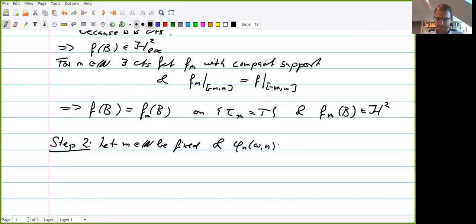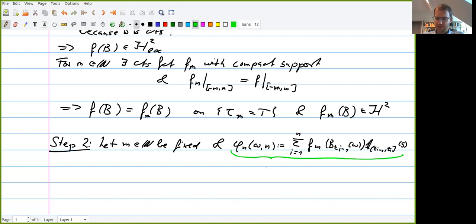This is our phi_n, which is defined as the sum from i=1 to n of f_m applied to the Brownian motion at the grid points t_{i-1}, times the indicator function of (t_{i-1}, t_i]. And we know that this function is in H2_0 for all n in N, because these are simple step functions. These terms here are adapted, so this works.